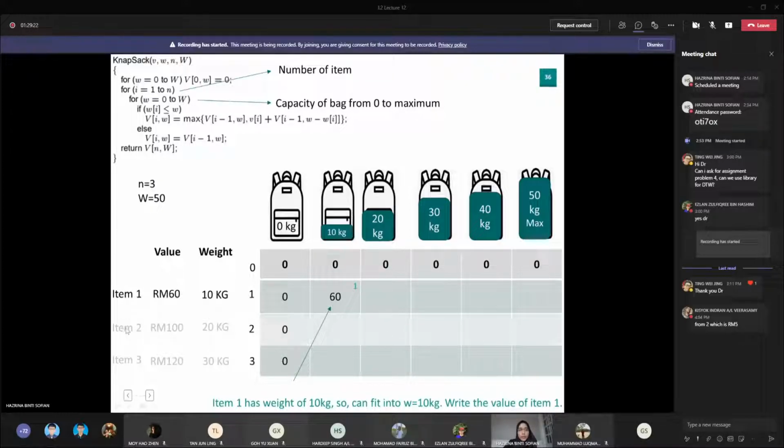When we reach item number 2, it means we can take item number 1 or number 2, or both. And when we get to the final row, you can take item 1, item 2 and item 3. So the value here will keep on increasing.